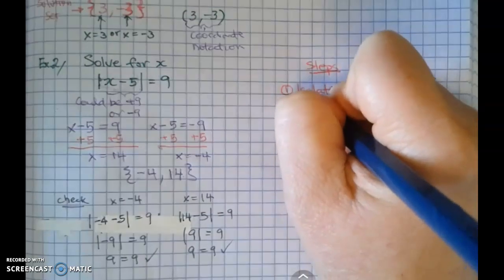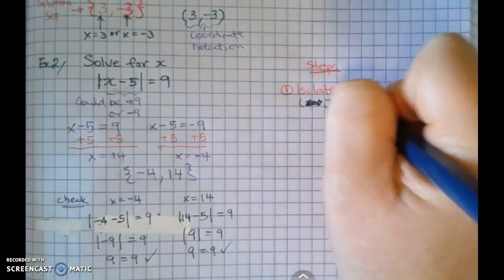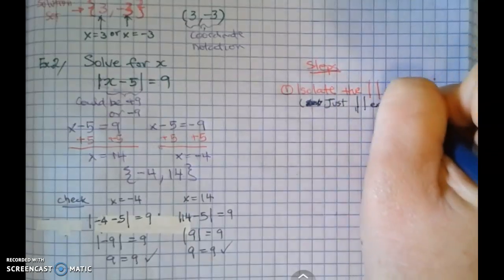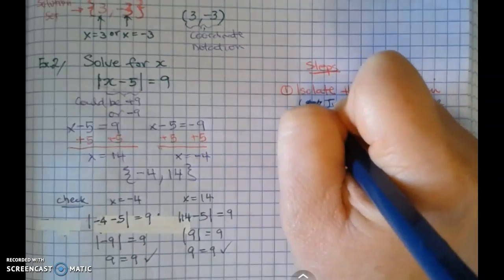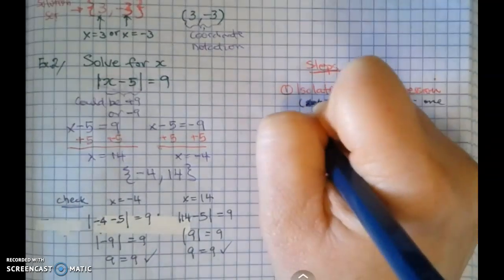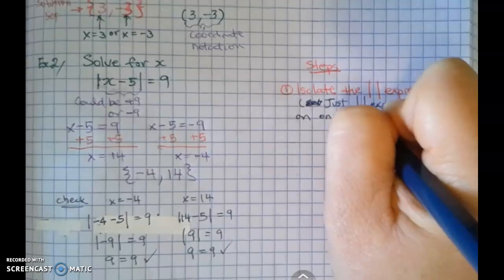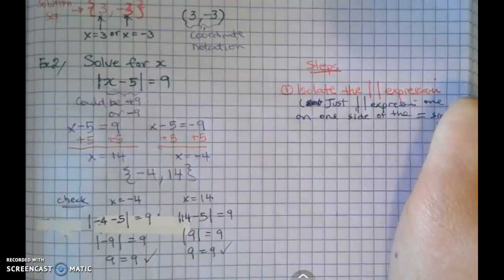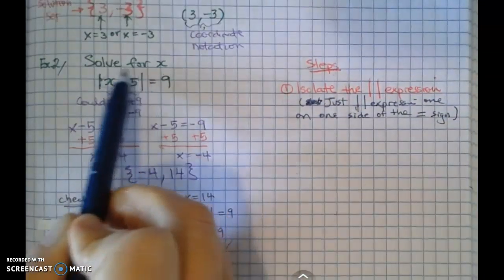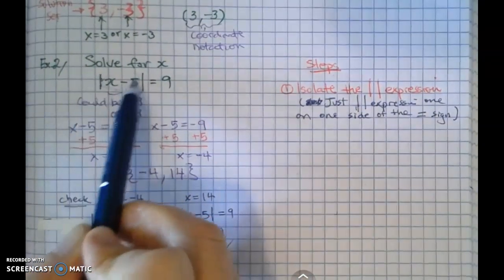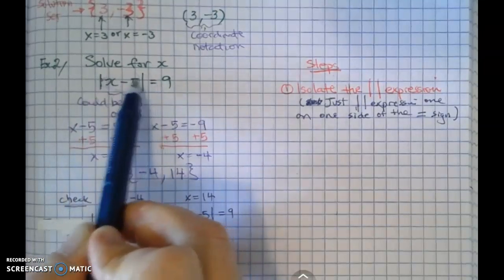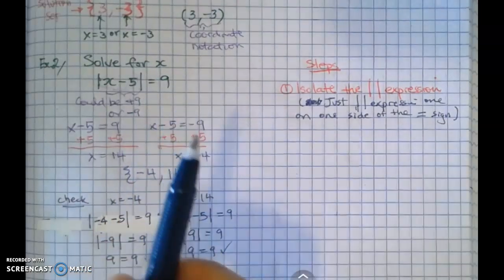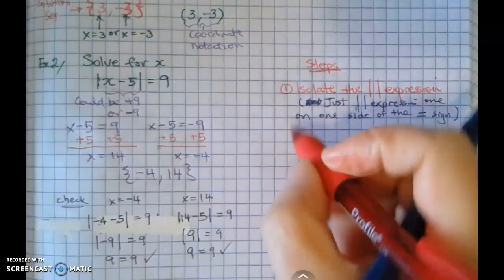It means just the absolute value function expression on one side of the equal sign. We want the absolute value expression on that one side of the equal sign, with nothing else around it, followed by a number on the other side. That's what it means. And then what is the second step?